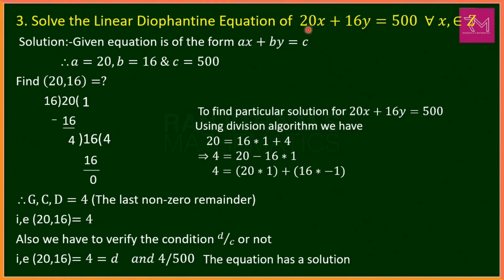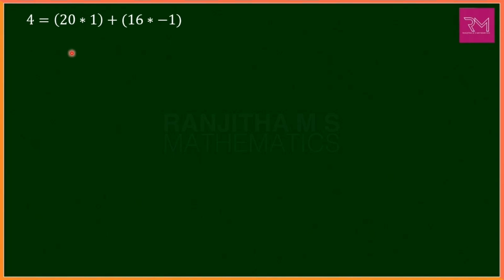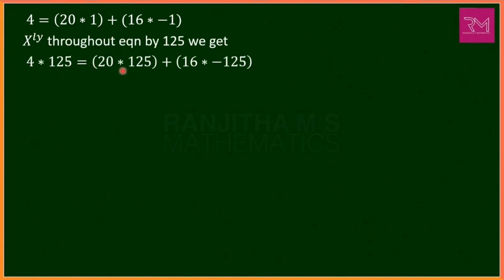Next step, to obtain a linear Diophantine equation of the form 20x plus 16y equal to 500, since we have 4, we have to multiply throughout the equation by 125. We get 4 into 125 is equal to 20 into 125 plus 16 into minus 125. This is a very important step: we have to multiply so that we get a value the same as the C value, and the equation obtained must be a linear Diophantine equation.